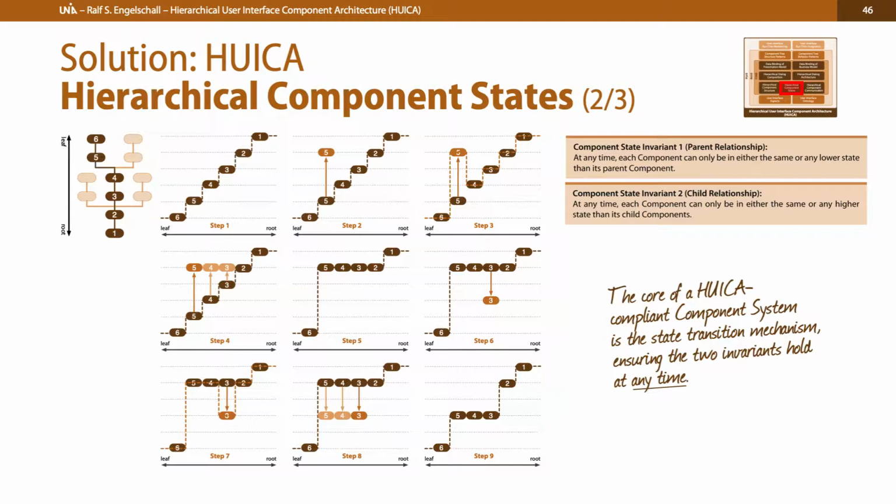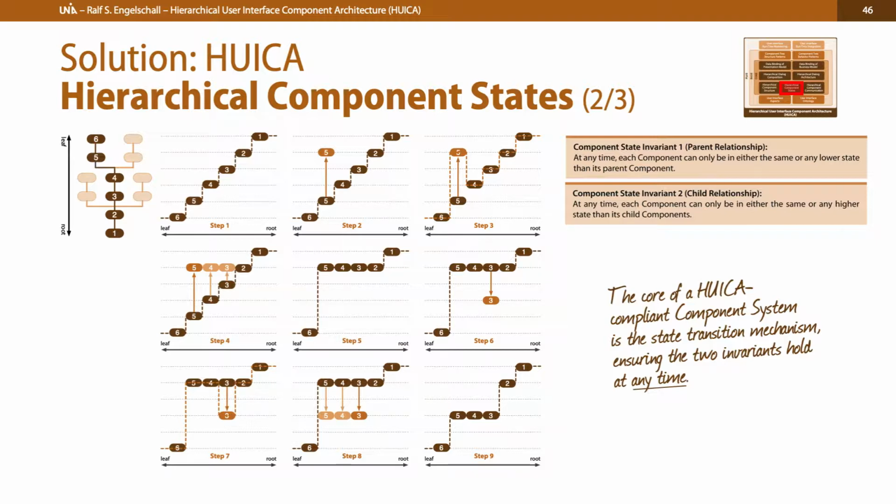Here, once again, the component system of HUICA kicks in and says, wait, before we can actually drag down the state of component 3, we first have to drag down the state of component 4, and before this can happen, we first have to drag down component 5 to a lower state. So we finally reach step 9, where everything is still holding.